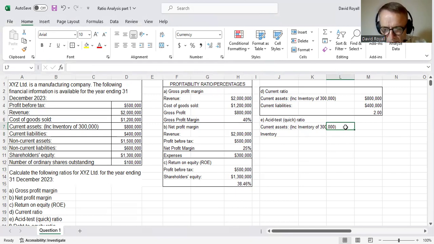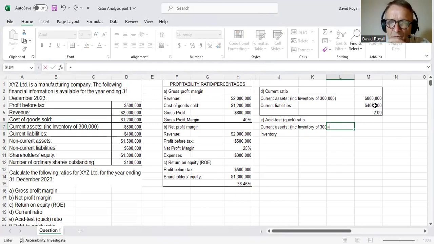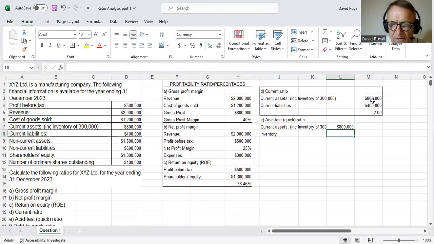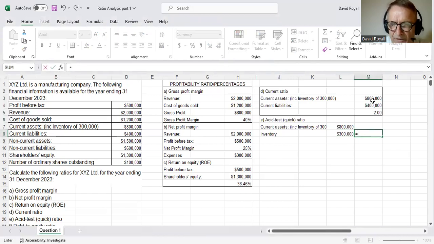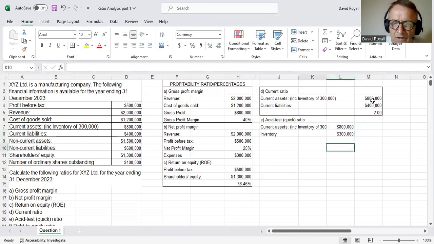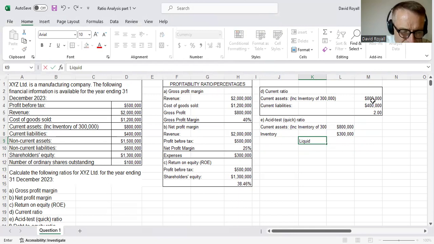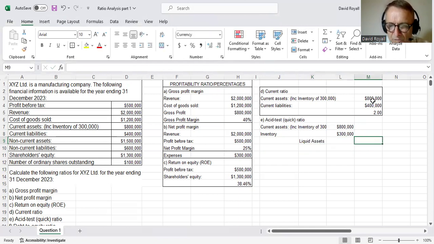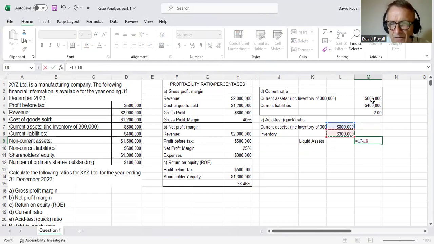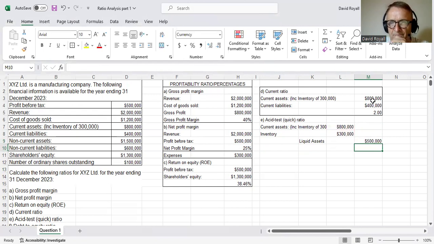Right, okay. So we know that that is 800,000. We've also been told that we've got 300,000. So in fact, I'll call it liquid assets, for want of a better term. So what have I got? Okay. I've got 500,000.